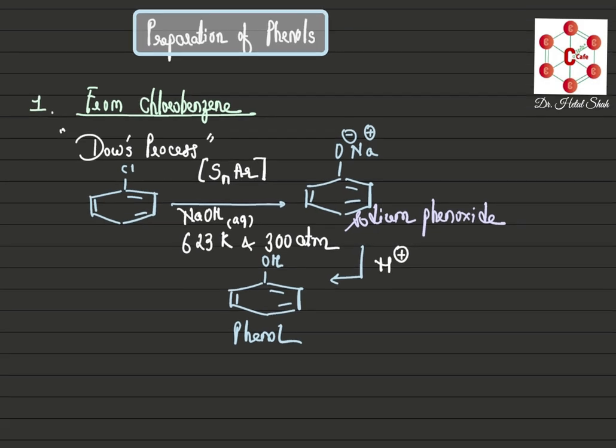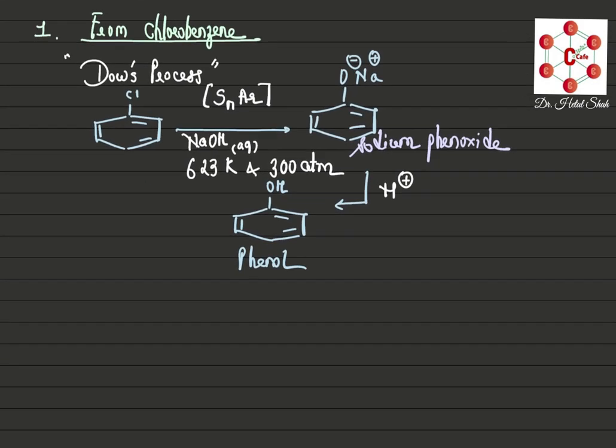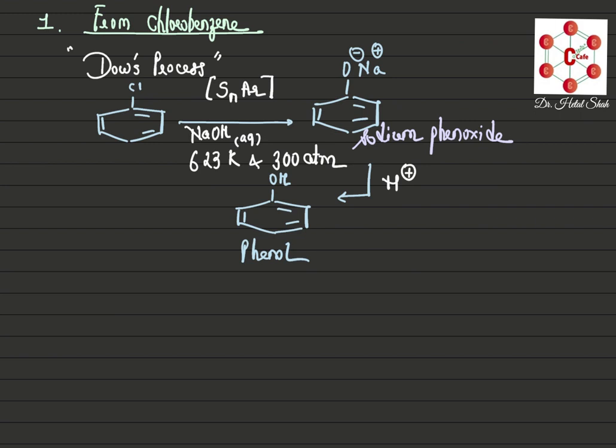Now, in this process, there is one very typical byproduct which is always formed. Now, what is the byproduct involved here? See, at the first stage, where you get this O minus and Na plus, at this point, you can have some unreacted chlorobenzene, which is still in the process of getting reacted.